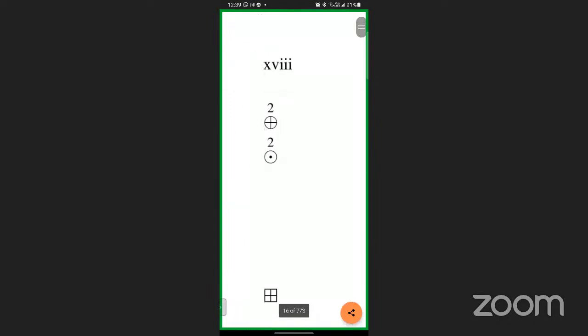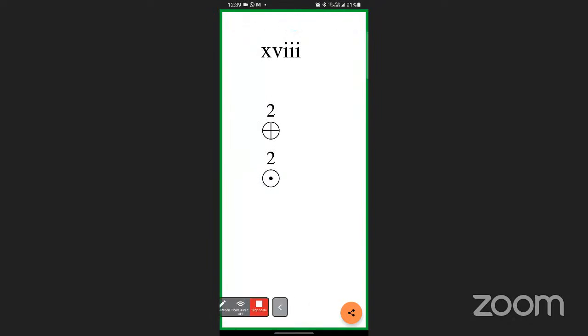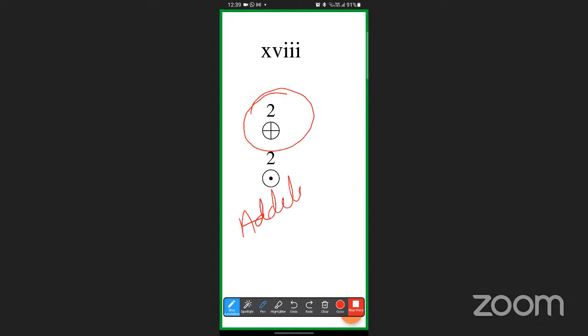There is one symbol which you would come across frequently, and that is this notation. This is addition modulo 2. And you know addition modulo 2, I guess. Everybody knows.